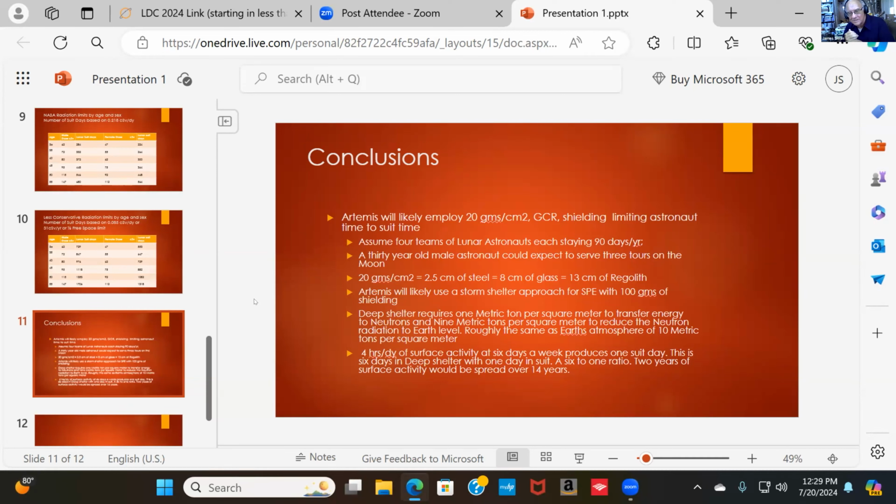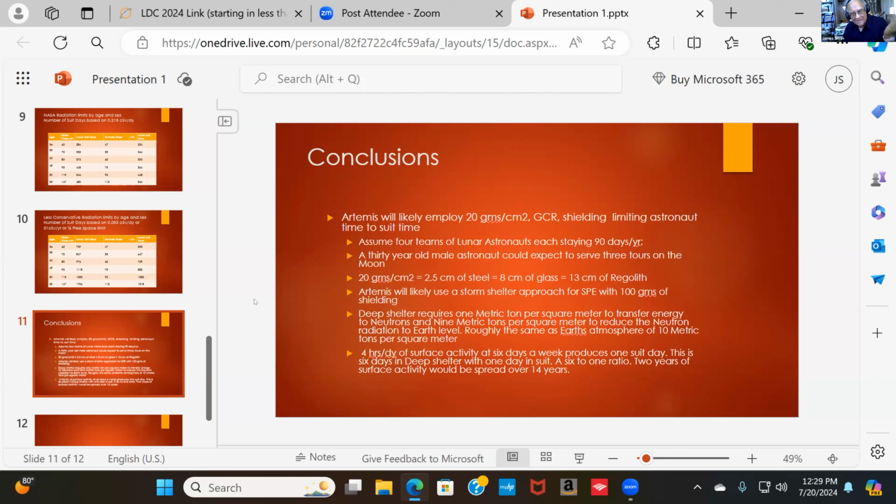Now, in deep shelters, again, 1 metric ton is needed to transfer the energy of the incoming galactic cosmic rays to neutrons, and then 9 metric tons to reduce it to an Earth normal radiation environment.